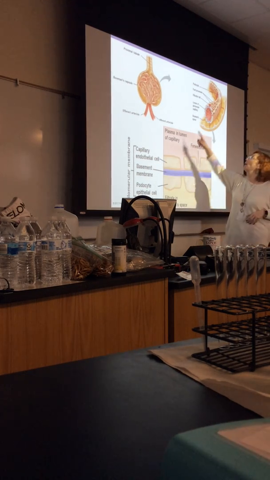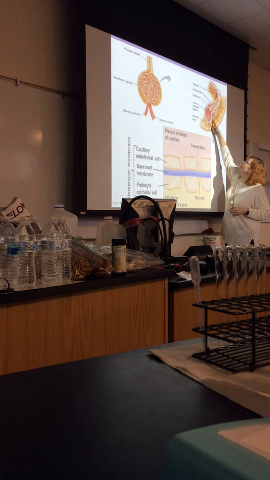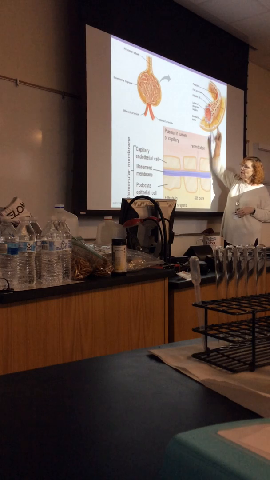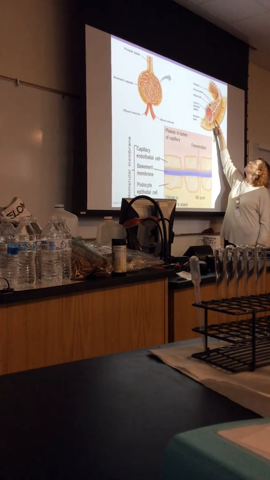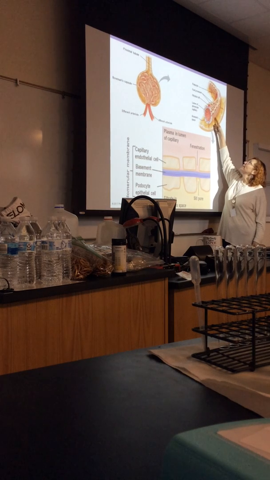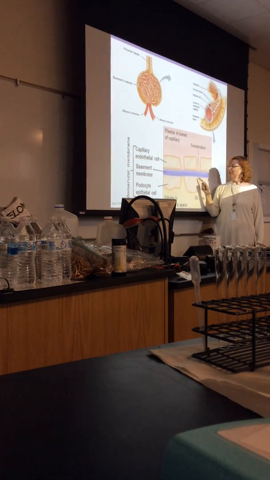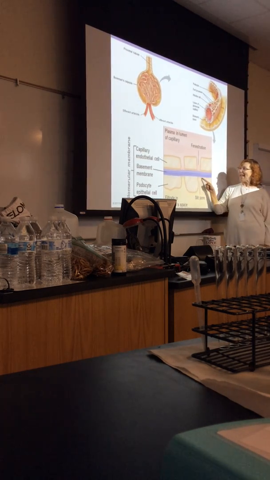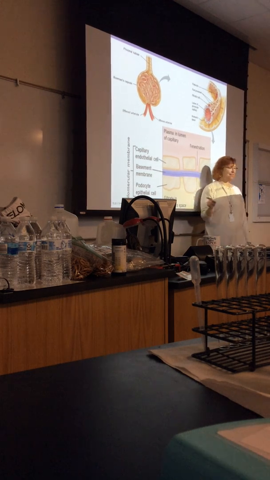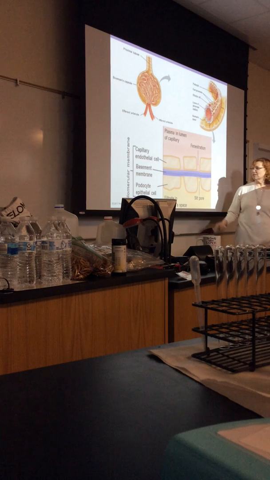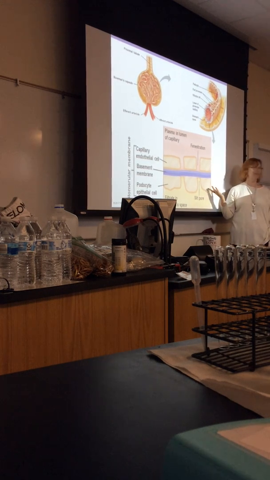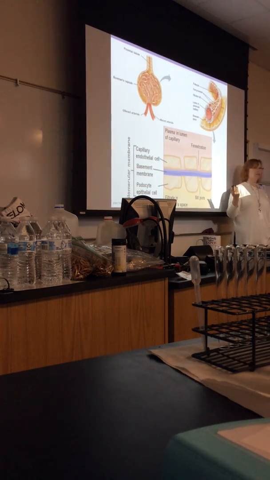So the spaces here between this podocyte and this podocyte, that's this space. So from here to here, here to here, here to here. And the space that is made in those podocytes is called the filtration slit, or the slit pores, same thing.